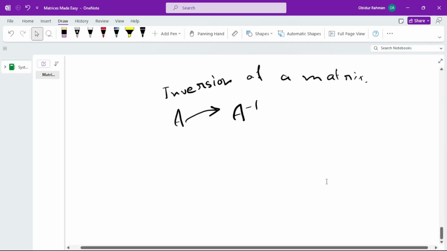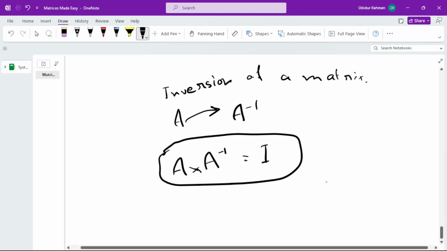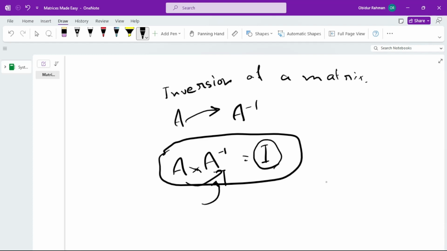There's an interesting operation where if you multiply a matrix with its inverse, we get an identity matrix. You can try it out. Write a matrix on your own, calculate the inverse, then multiply them, do a matrix multiplication. You will get an identity matrix.